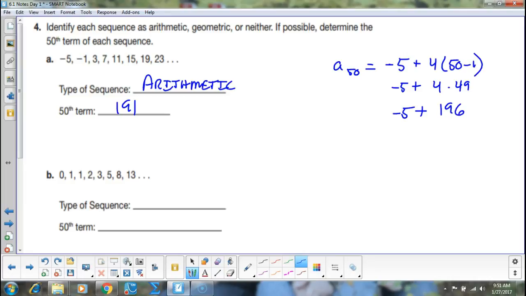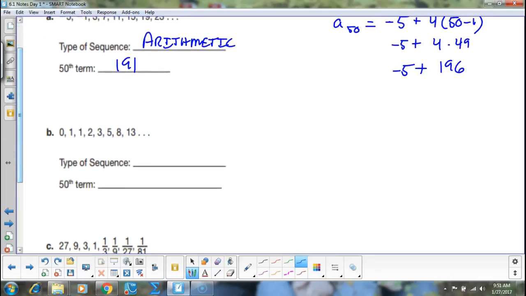Okay. Second one, did anybody get the second one done? It's neither, right? Okay? Because here, if I'm adding, this would be like plus 1, but then here it's plus 0. So that immediately kicks out arithmetic.